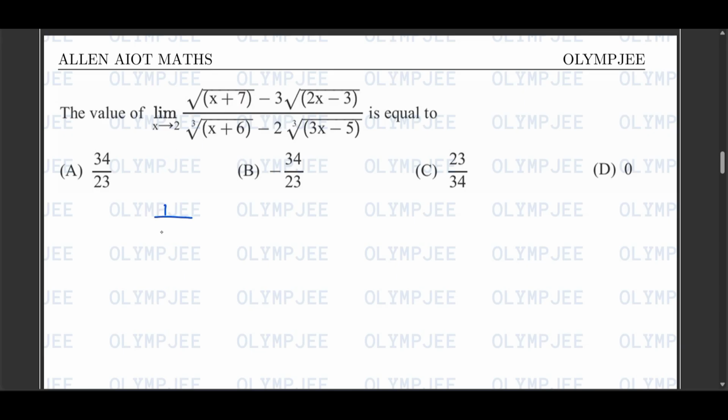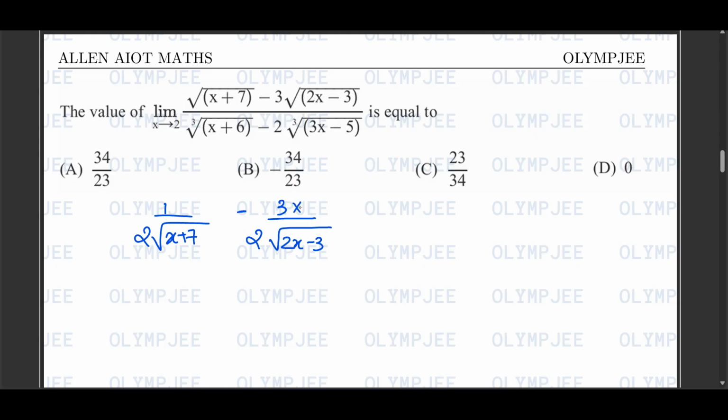So we will get 1 by 2 times root of x plus 7, minus 3 by 2 root of 2x minus 3, and there will be an extra 2 here because this 2x minus 3 also has to be differentiated by chain rule. In the denominator we will have 1 by 3 times x plus 6 raised to the power minus 2 by 3, minus 2 times 3x minus 5 raised to the power minus 2 by 3 multiplied by 3.